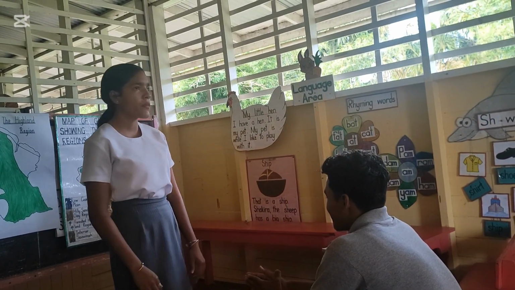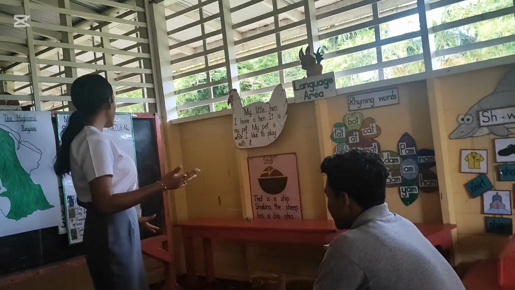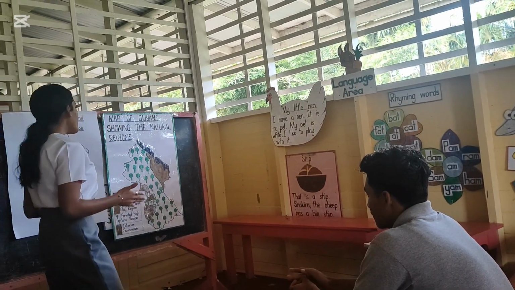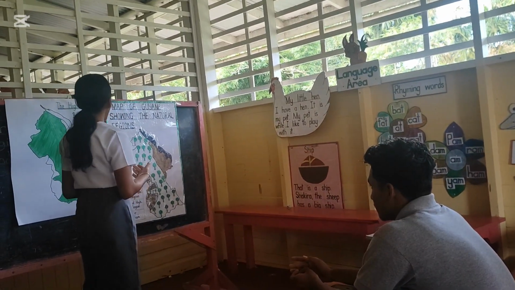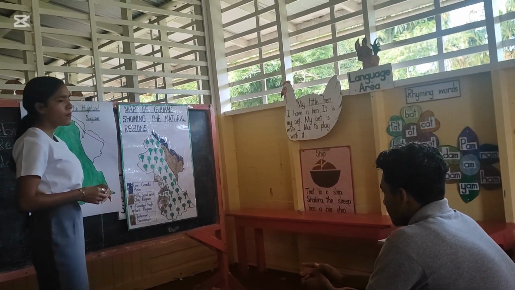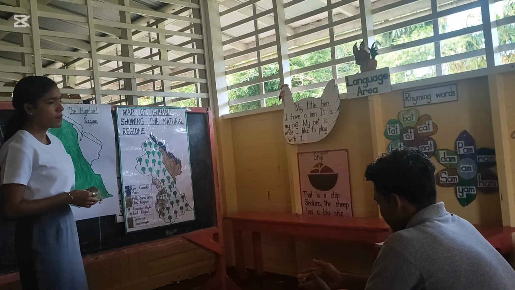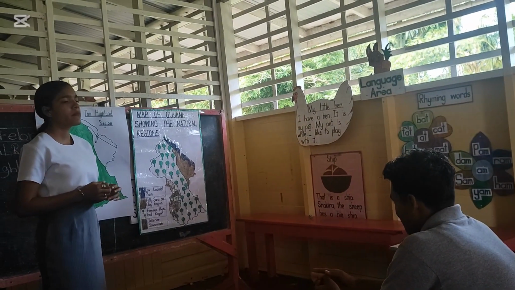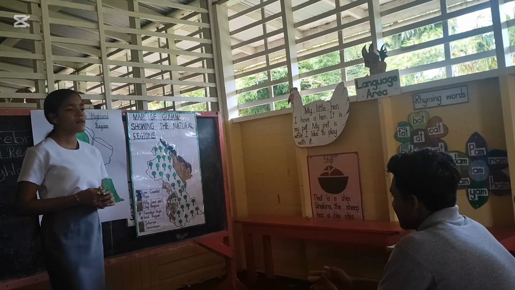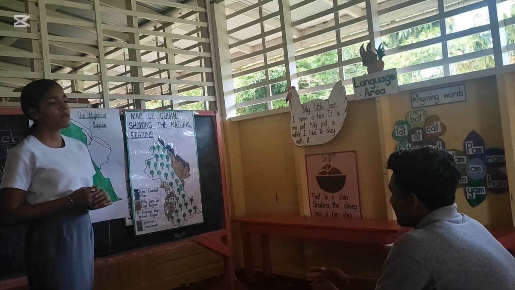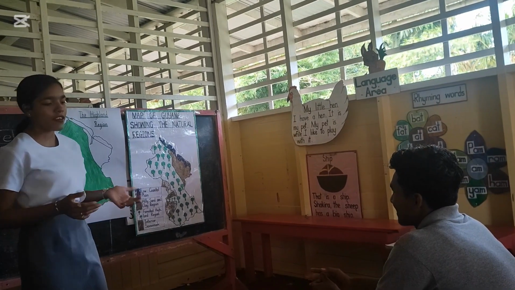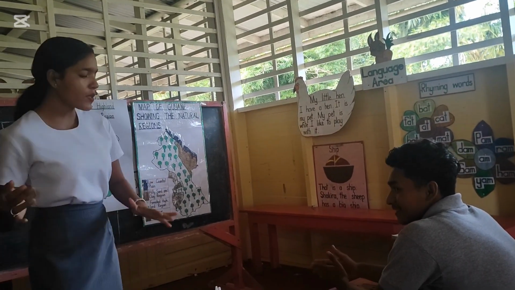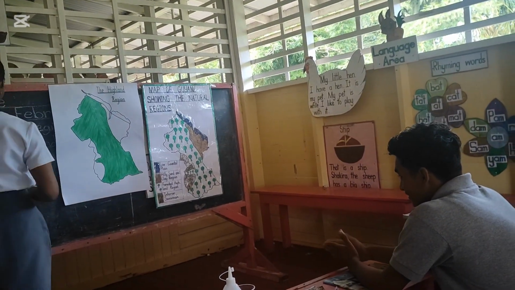No, miss. Alright, so I have a question for you. Why is it called the forested highland region? Yes, because it has a lot of trees and is very mountainous. Very good. Alright, so it seems that you are clear on everything here.